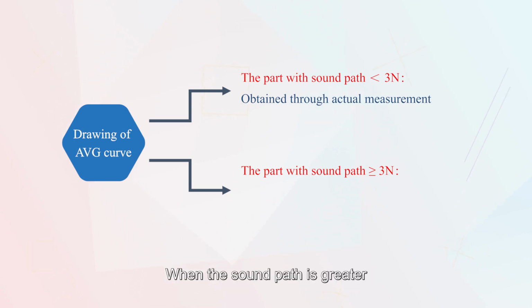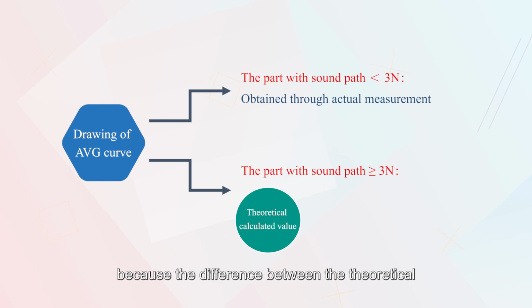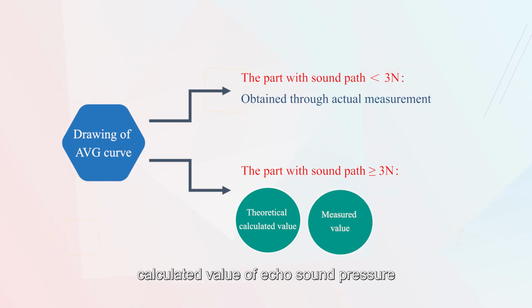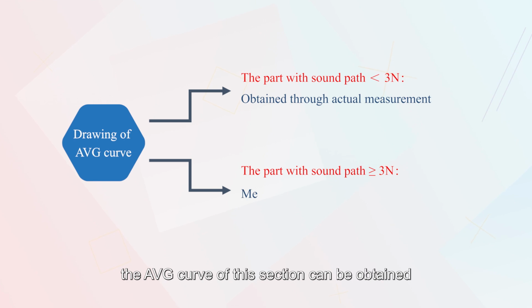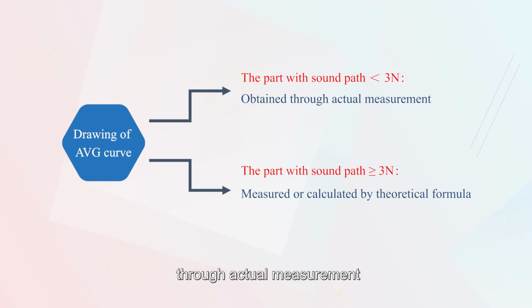When the sound path is greater than or equal to 3N, because the difference between the theoretical calculated value of echo sound pressure of the reflector and the measured value is very small, the AVG curve of this section can be obtained through actual measurement or theoretical formula calculation.